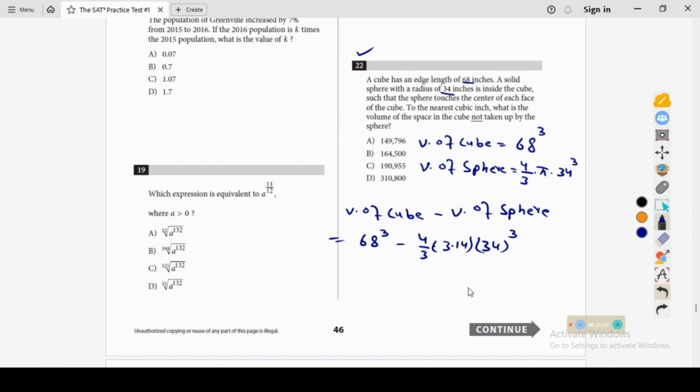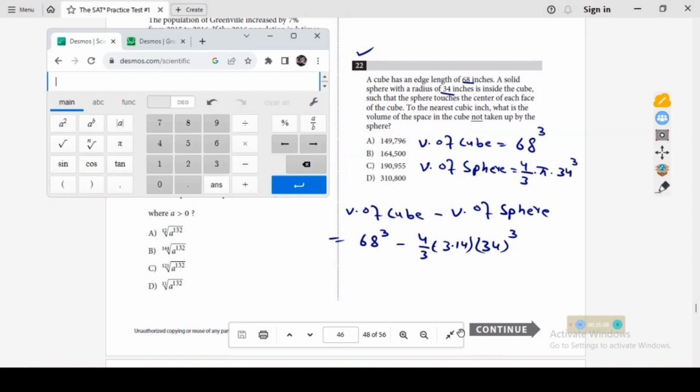Just solving this expression with the help of a calculator: 68 raised to the power 3 minus 4 by 3 times 3.14 times 34 raised to the power 3.